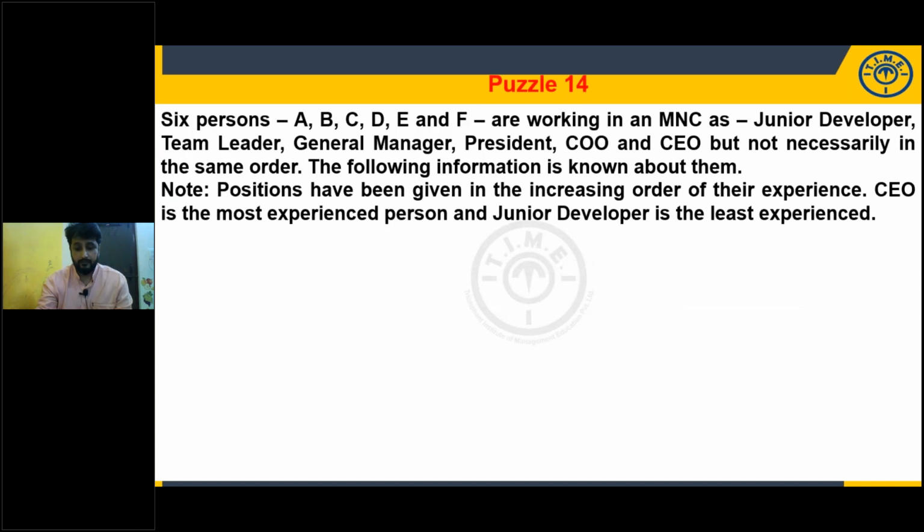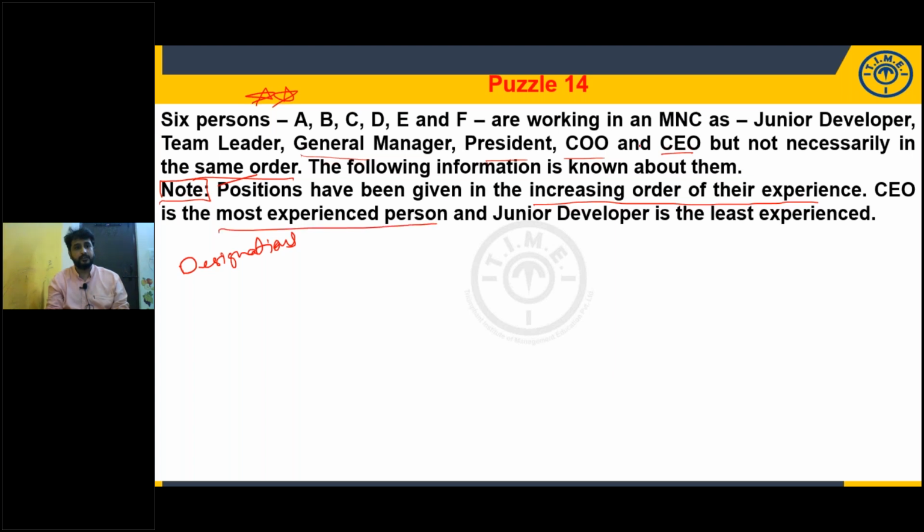Now, very important model. Designations based. 6 persons are working in MNC as junior developer, team leader, general manager, president, COO, CEO, but not necessarily in the same order. Always you will be given a note for this model. Positions have been given in increasing order of their experience.